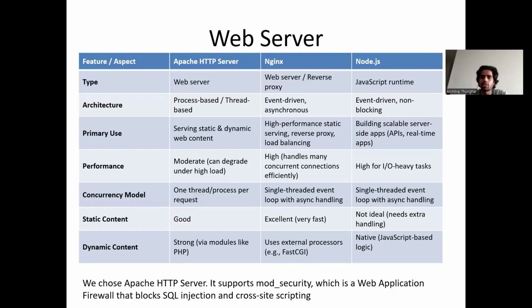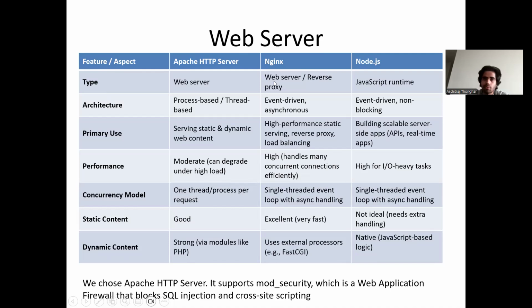Now comes the best part, the web server. Which web server are we going to choose? We have three options in front of us: Apache, Nginx, and Node.js. Most of them do similar work.